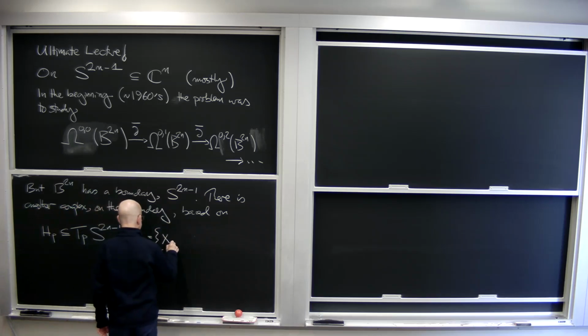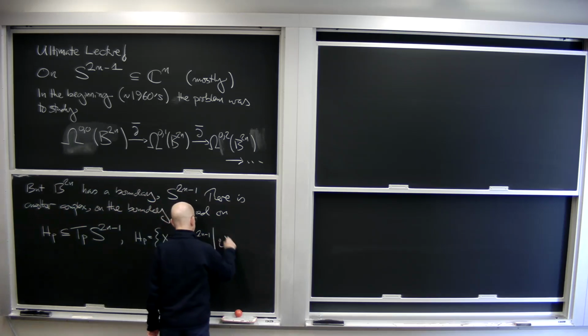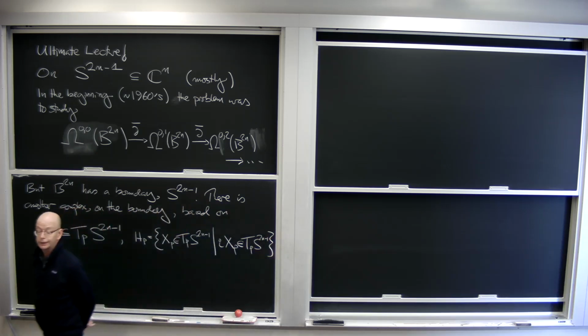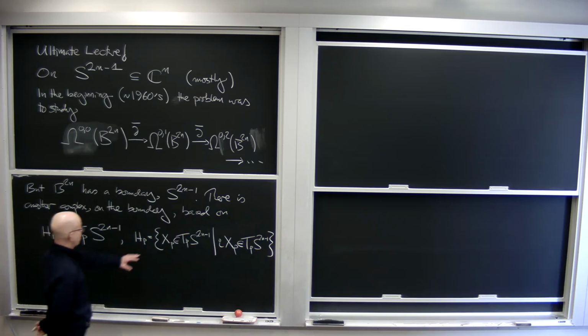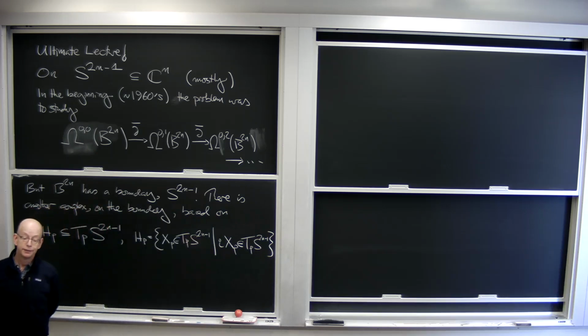It's just all of those tangent vectors with the property that i times them is still tangent. So multiplication by i is an operator on the tangent space at p, not of the sphere, but of the ambient complex space.